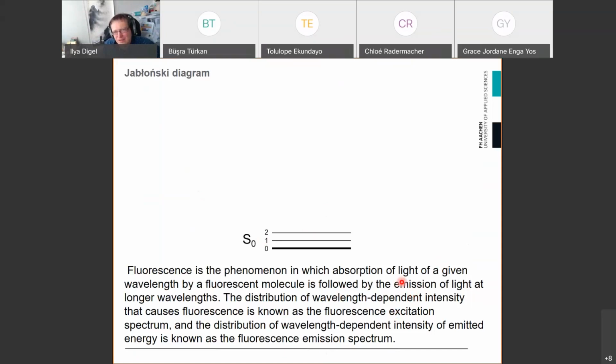The Jablonski diagram shows the energy distribution in an atom or in a molecule, where we have just a single axis. This is the y-axis from up to down, and it shows the energy levels in your electron system or in your atom. So here we can see the so-called S1 level.